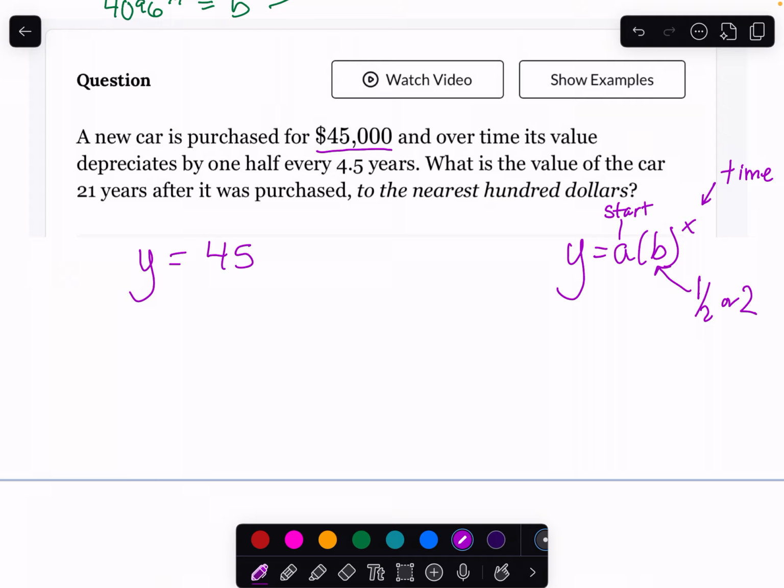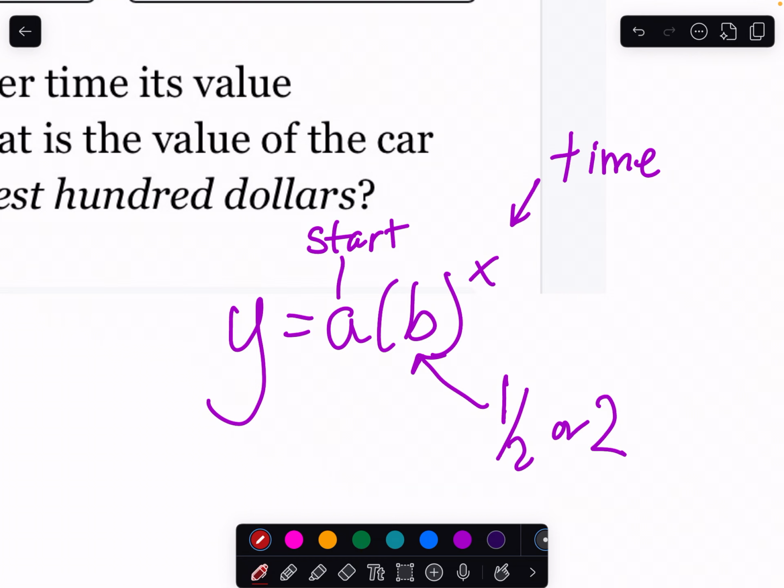So the time would be the years that it says divided by h, where h is how long until half or double.